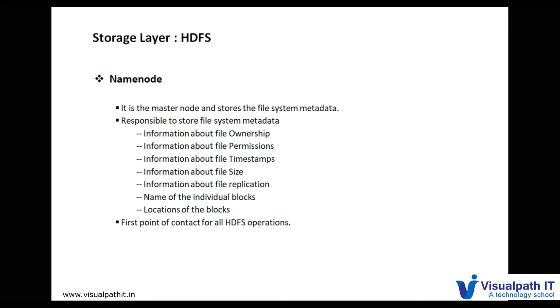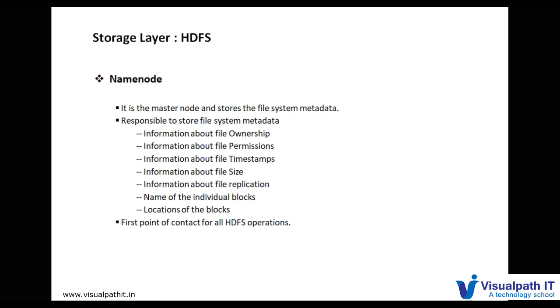If you want, you can decrease the replication factor, or you can increase it. But Apache Hadoop suggests a replication factor of 3. It is based on your client requirement; you can reduce or increase it, up to your client requirement.